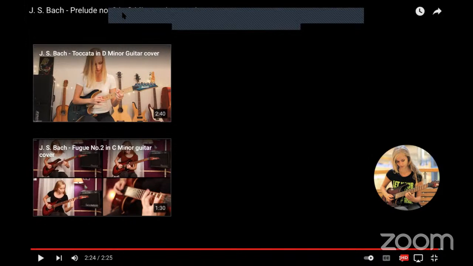The main rhythm material for the prelude is the 16th note.